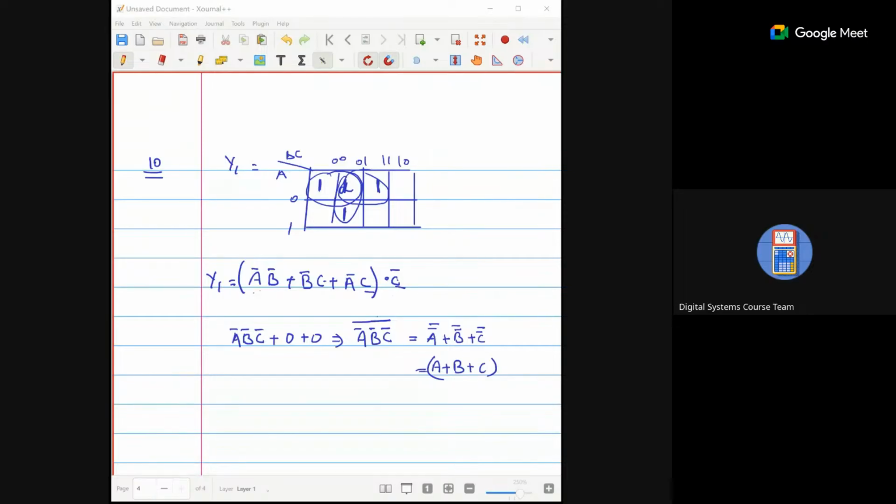And in question number 16, you are getting 5 terms, I think. Kindly verify.